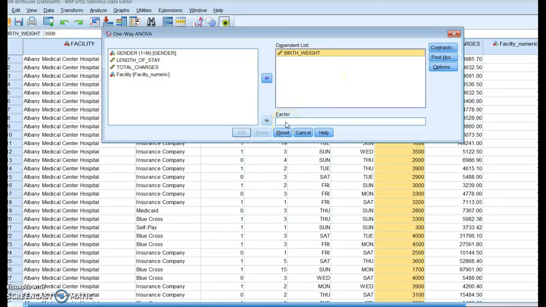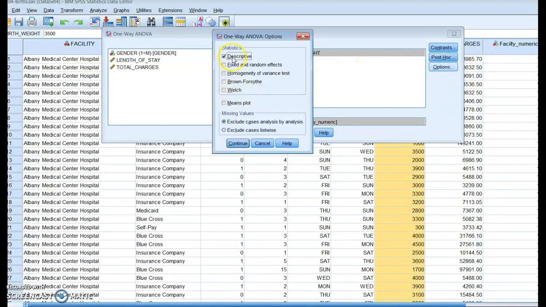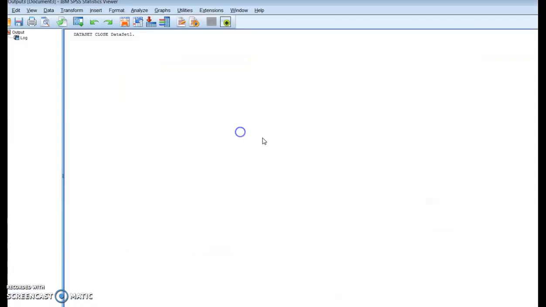The factor we are grouping by is the different hospitals, so the facility will be the grouping factor. Move the factor over. In Options, let's also pick Descriptives. By default it's not checked, but if you want to get it, you need to check this box. So check Descriptives, Continue, hit OK.